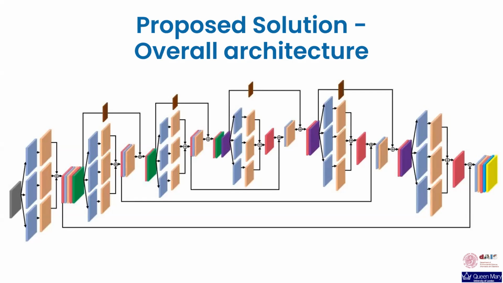So in order to segment these small size vessels under varied conditions, we propose a multi-scale architecture that consists of 3x3, 5x5, and 7x7 convolutions for large, medium, and small size vessels respectively.